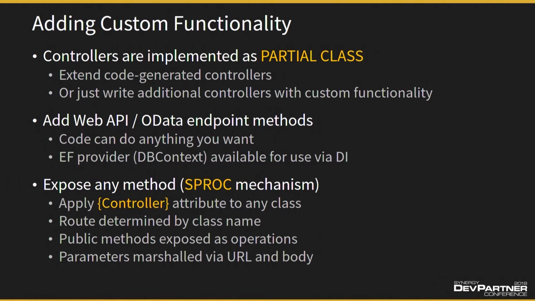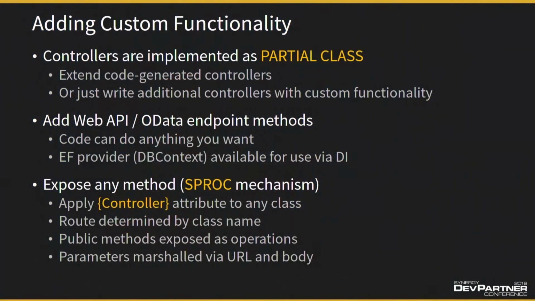And also the other mechanism we have is the Sprock mechanism that Jeff mentioned earlier. What that allows you to do, if you didn't kind of cotton on to what that does, it simply allows you to pretty much take any class with any old method and just attribute the class as controller, okay? And the class doesn't have to extend Web API controller or OData controller.